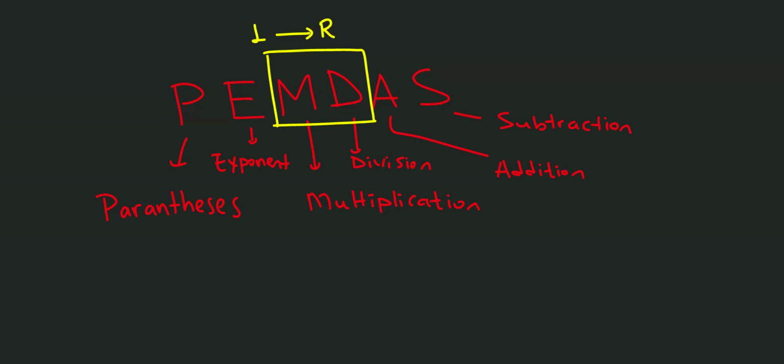For example, let me give you an example for the expression that has both multiplication and division. Let's say we have an expression 24 divided by 3 times 2. So we said that division and multiplication are in the same order. So if we have both, we will start from left to right.